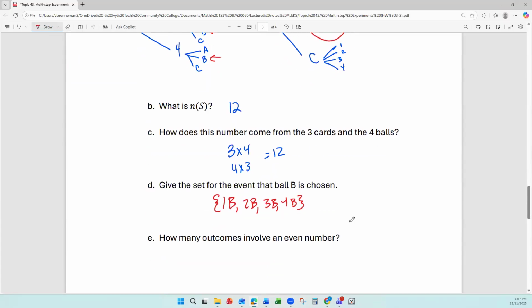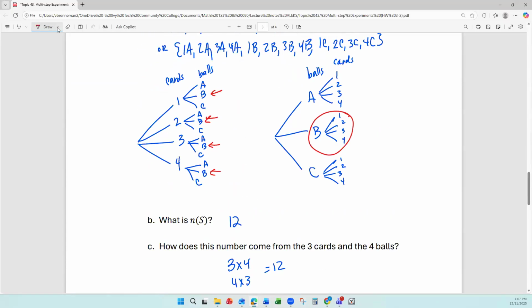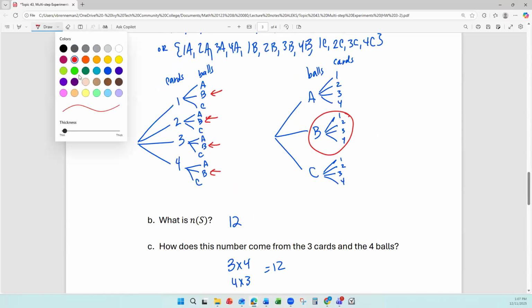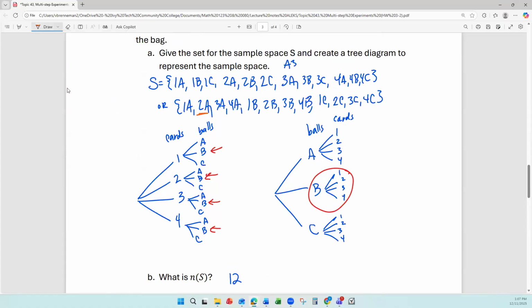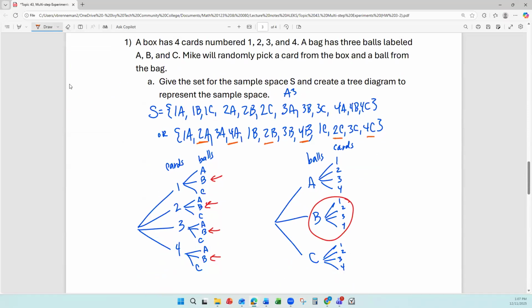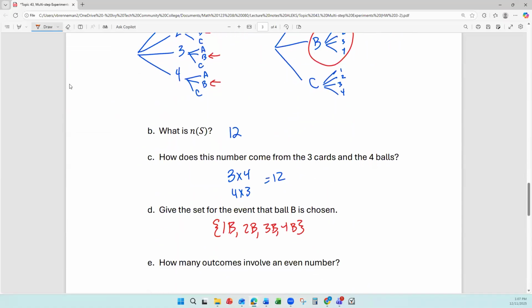And then how many outcomes involve an even number? Well, that would be all of the ones with a 2 or a 4, which is half of them, or depending how you're grouping it, a total of 6.